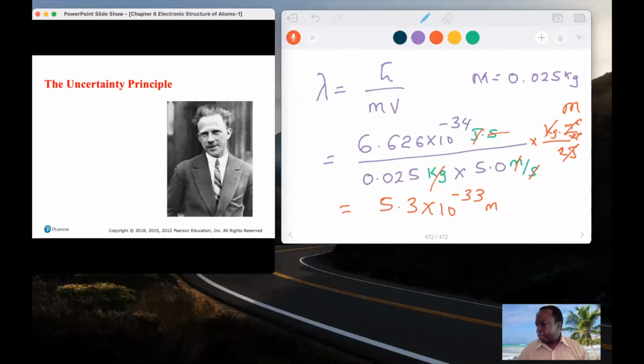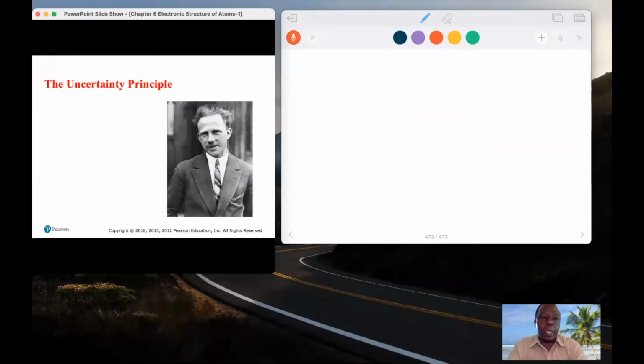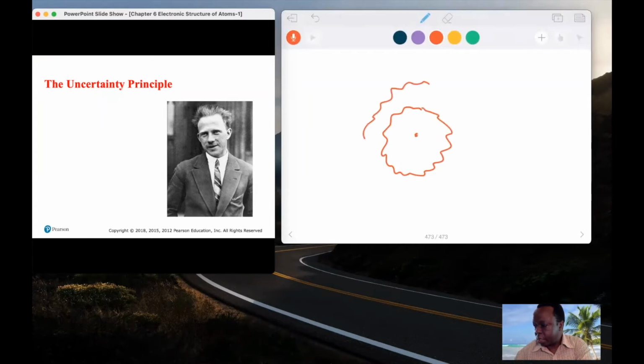Now, since he proposed this de Broglie equation for light with an electron, remember, de Broglie is now redefining Bohr's model: if matter behaves as light, that means the electron is moving.